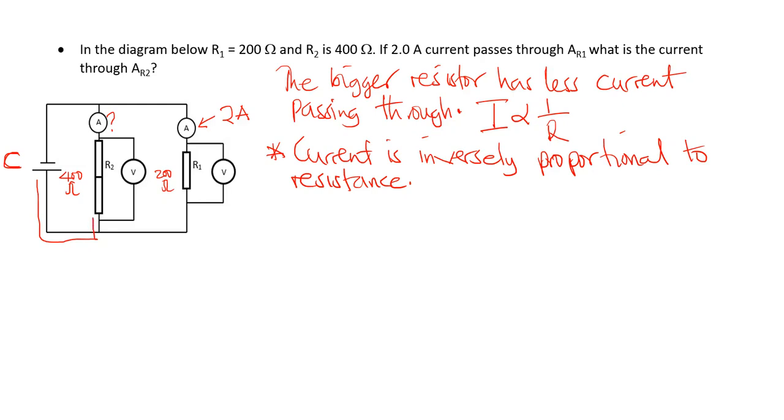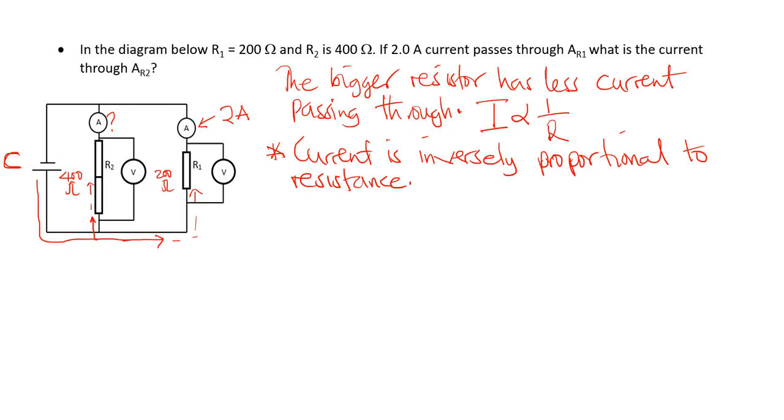Some current will go this way, some current will go this way. So this current here passes through resistor 2, and this current here will pass through resistor 1. So the question is, if we have a current of 2 amp passing through resistor 1, what will be the current passing through resistor 2?